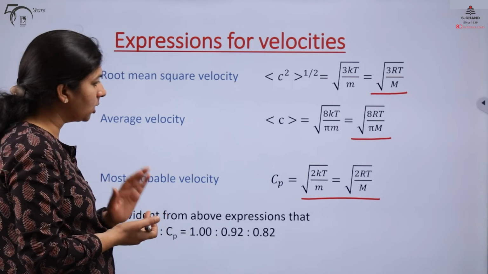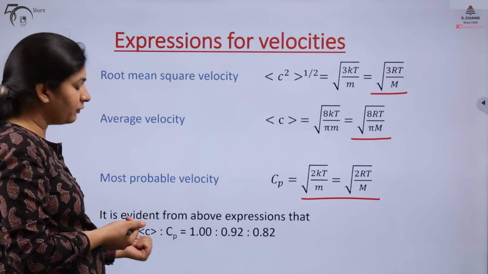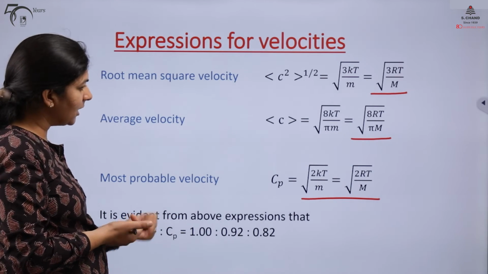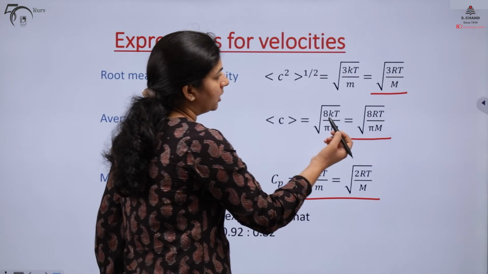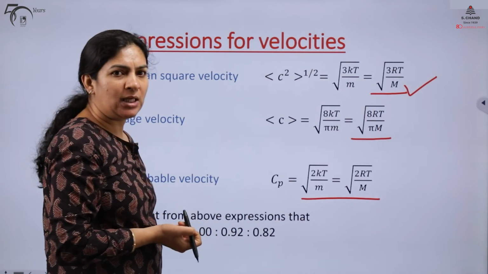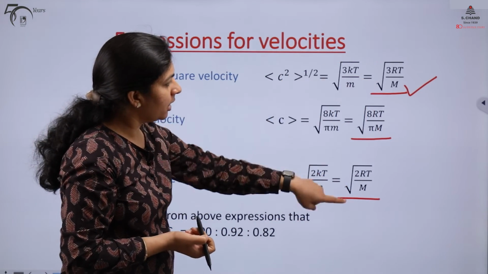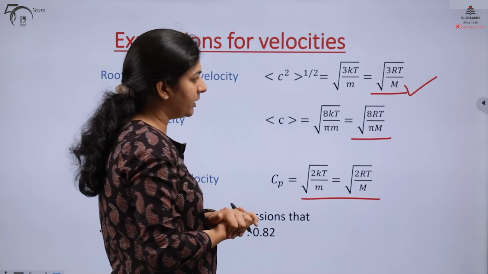Let us compare now the magnitude of these velocities. So comparing the magnitude of these velocities, we can see that which of the three is highest in magnitude is root mean square, because the RT by m factor is going to be the same in all these expressions.